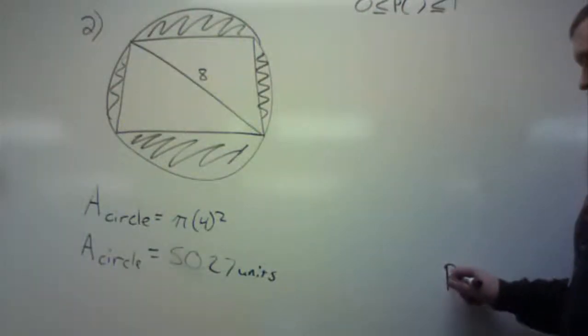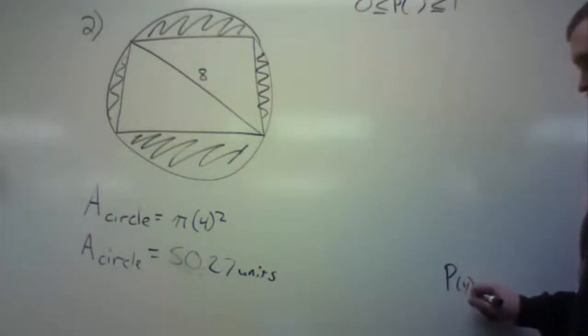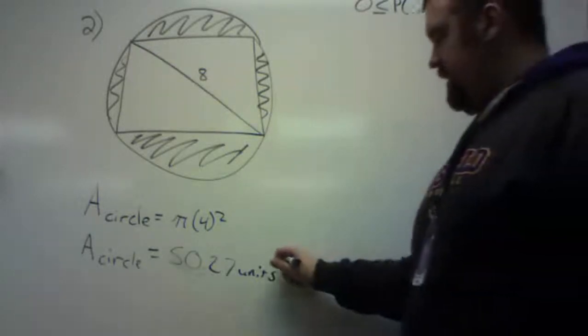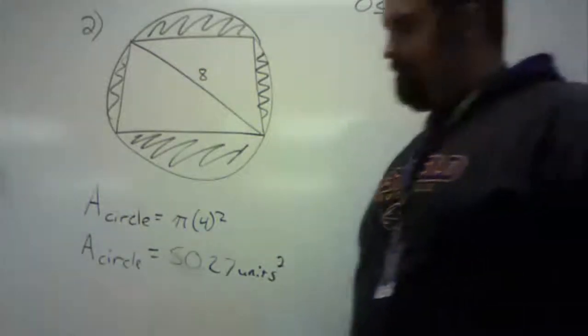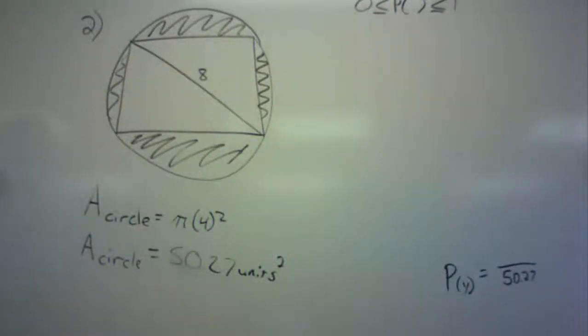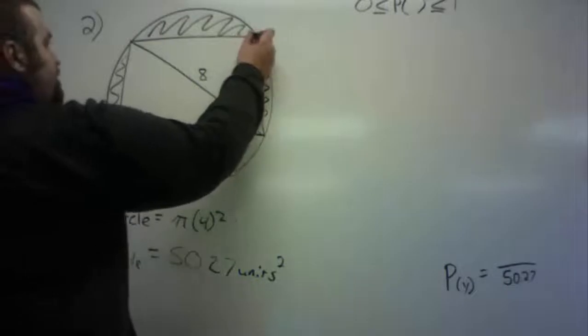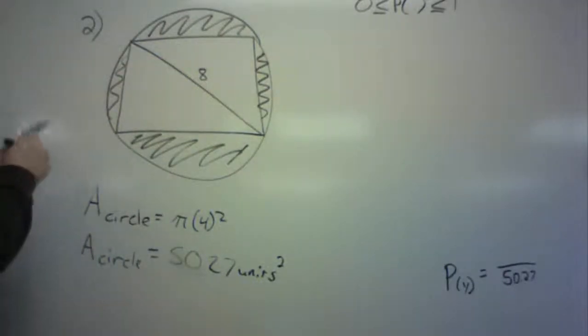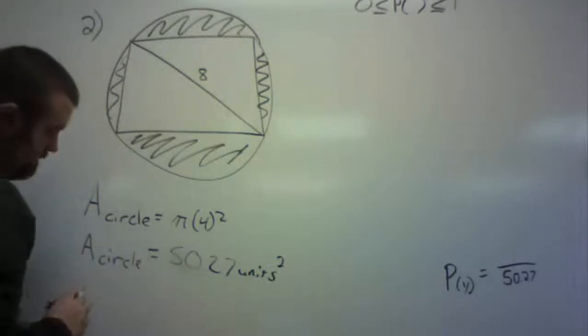Now, I already know part of my probability. The probability that it's in the yellow shaded region is going to be something out of 50.27, because that's the total area it could be. The circle is the biggest area. Now I need to find the area of the square. Well, a square is also a rhombus.